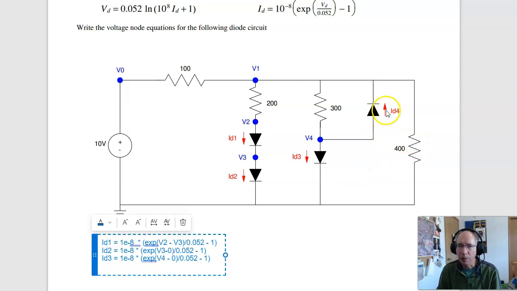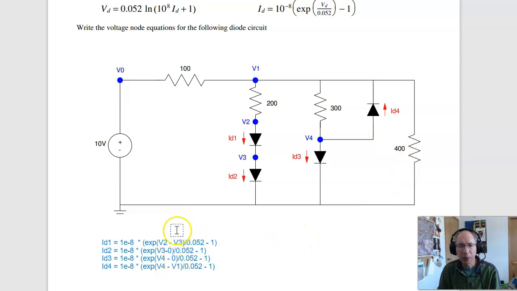The fourth diode, anode to cathode, is V4 minus V1. So that gives me 4 equations, 4 unknowns. Those are the diode equations.